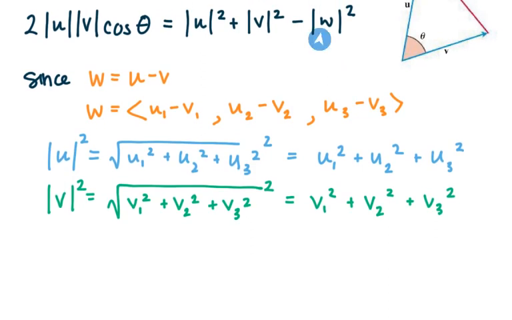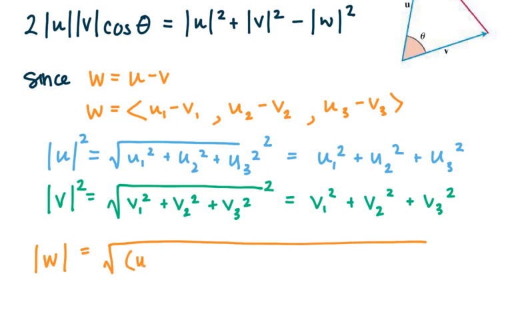And we also have the magnitude of W squared. Now the magnitude of W squared is going to be a little bit messier to calculate because these components are a difference. They're a little bit messier to begin with. So if we were to calculate the magnitude of W, that would be the square root of U sub 1 minus V sub 1 squared plus U sub 2 minus V sub 2 squared plus U sub 3 minus V sub 3 squared.